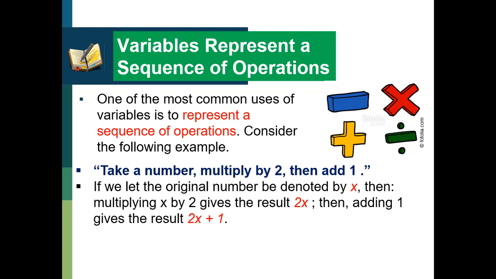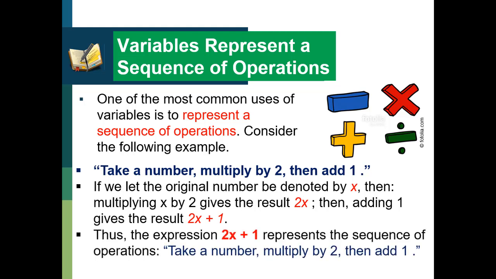Multiplying x by 2 will give you 2x. After that, the next operation, adding 1, will give the result 2x plus 1. Hence, the expression 2x plus 1 represents the sequence of operations: take a number, multiply by 2, then add 1.